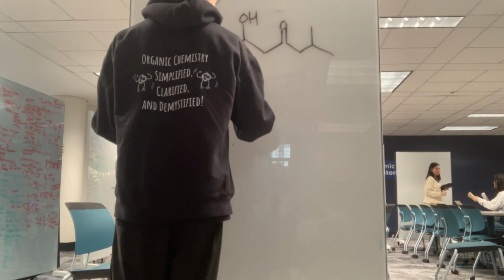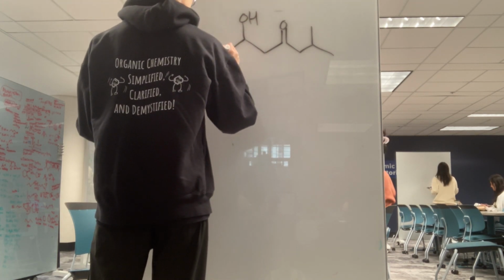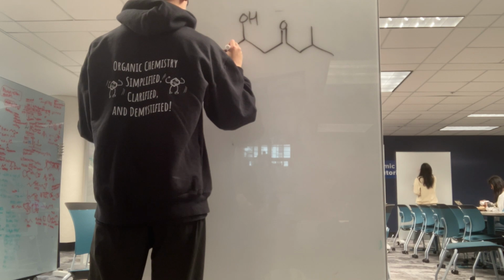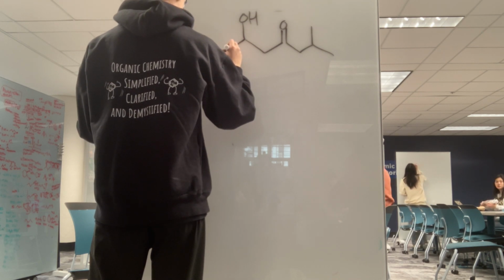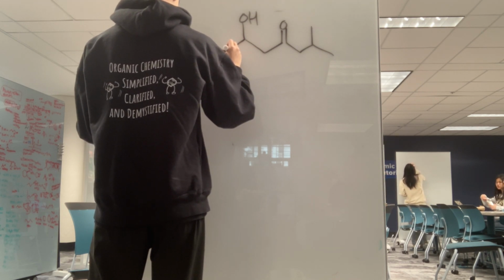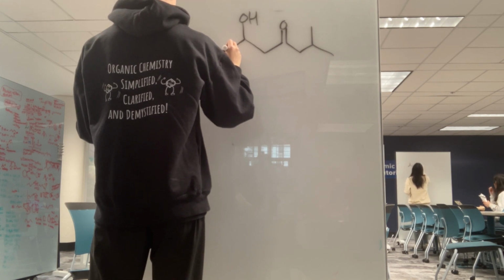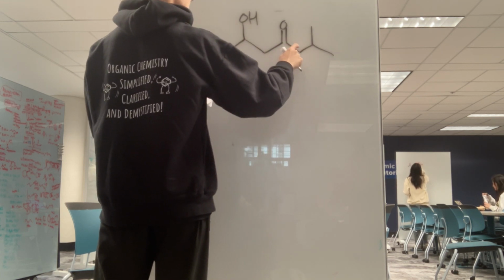And now from here, I'm going to put that 1H. This is the alcohol, and that 1 neighbor there. This is 1 neighbor, 1 neighbor.